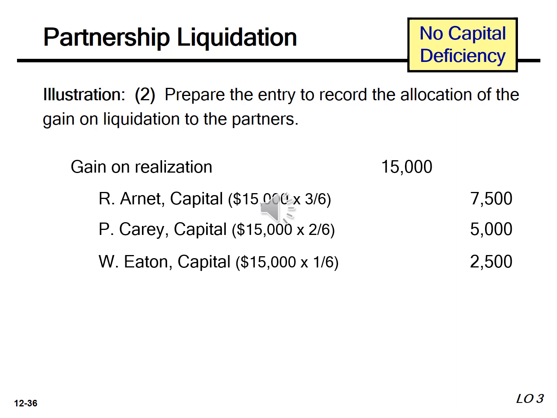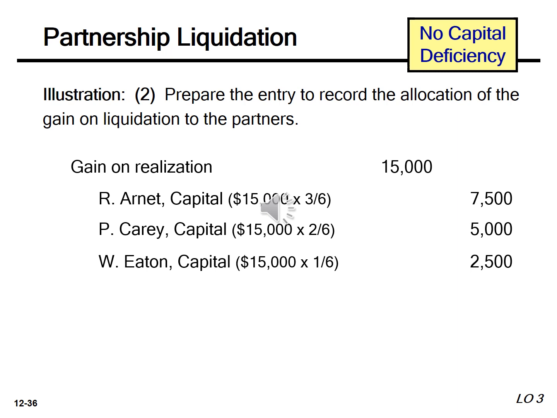So we're going to assume that each gain is going to be divided into 6 parts, and Ornett is going to take 3 out of these 6 parts. So basically he's going to take 50%, and Carey is going to take 2 out of these 6 parts, and Eaton is going to take 1 of these 6 parts, which is basically a sixth. So let's split this.